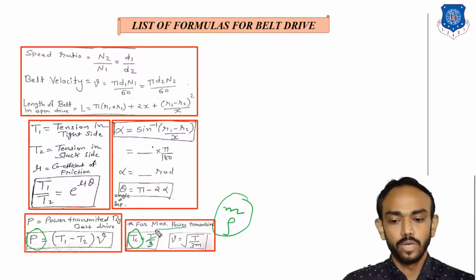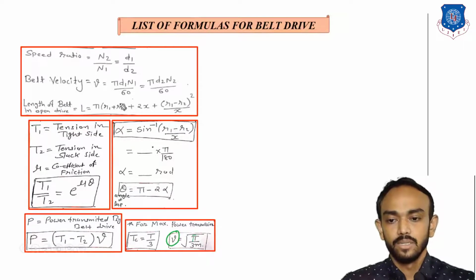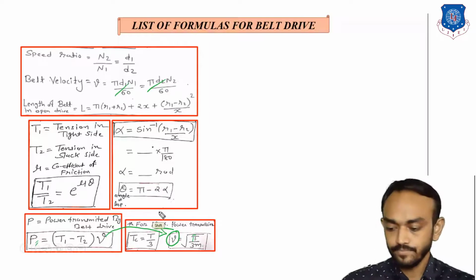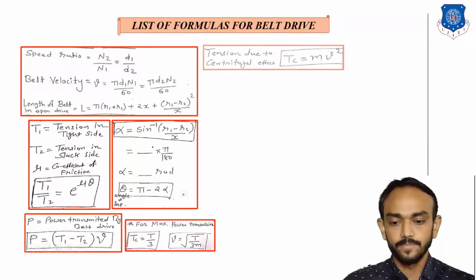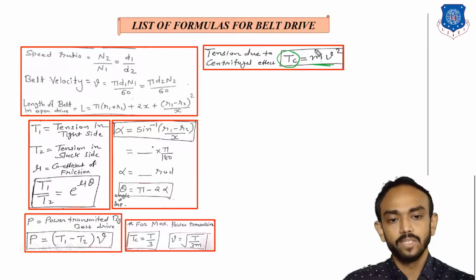So Tc is equal to T by 3. If we want to find the velocity, we consider velocity equal to the square root of T upon 3m. If this data is not given, we will find the velocity from the maximum tension divided by 3m. So we will find the maximum power here. After that, if we want to find Tc, it is m v square, but always m is not given.